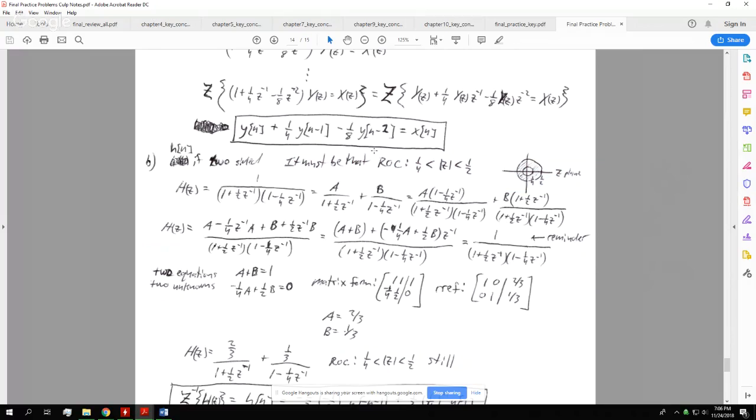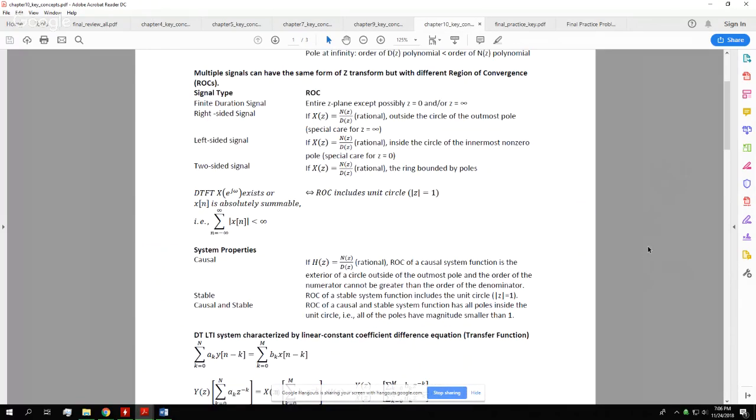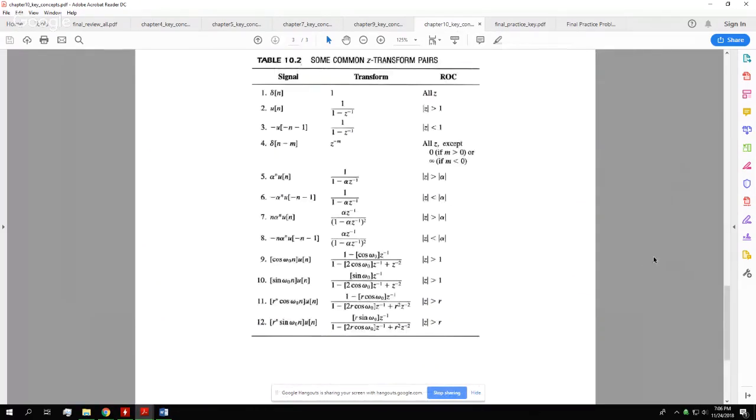Remembering that, I'm going to look at my z-transform table. Scrolling down. And which of these is in a form that I recognize? Well, these two are. So now the only difference between these two is the regions of convergence. And remember, I have two terms. In one of the terms, my z is greater than the pole, and in my other term, the z is less than the pole, because it's a ring, a shaded region bounded by the two poles.